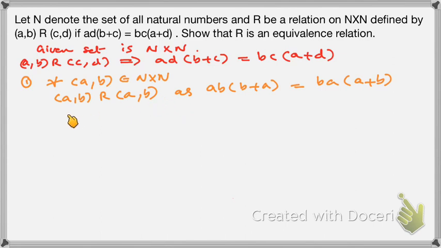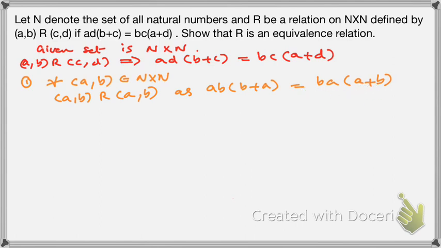I try to apply the rule. What's the rule? Product of the extremes a into b, so I wrote that here, multiplied with the sum of the means, which is b + a, the mean terms, the middle terms. So ab(b + a) is equal to, now the other way around, product of the means, middle terms, ba into the sum of the extremes a + b, which is here.